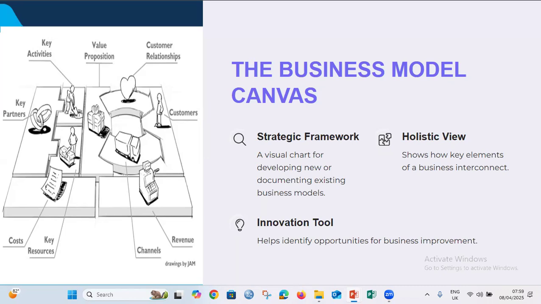It's a strategic framework that shows how various elements of your business interconnect. Here on the diagram, you can see various activities of the organization and how they are interconnected. This business model canvas is actually an innovation tool which helps to identify opportunities for business improvement.